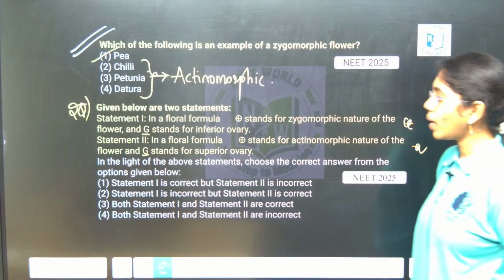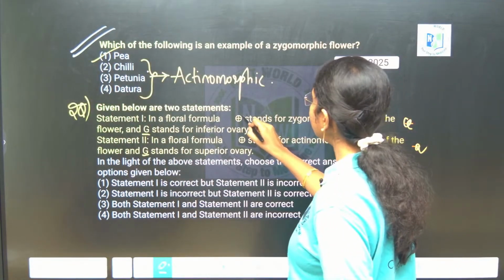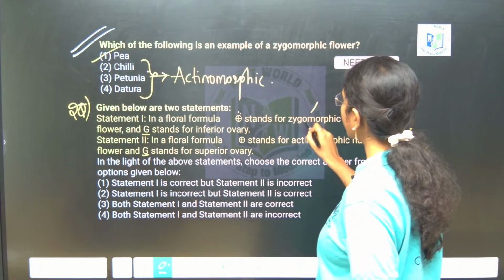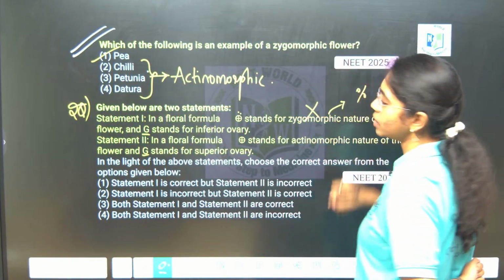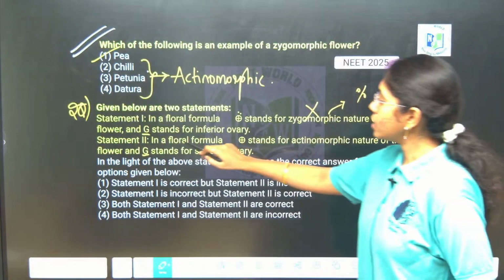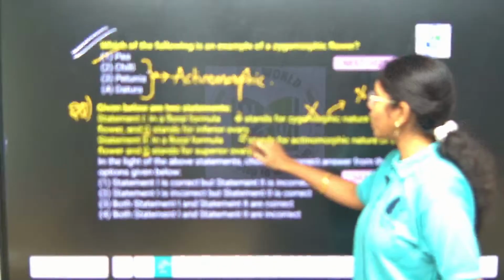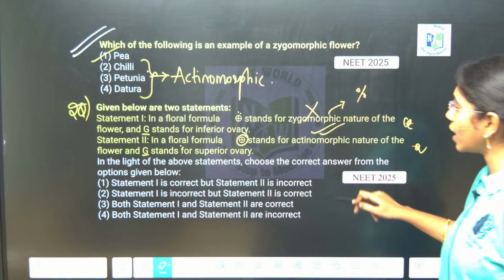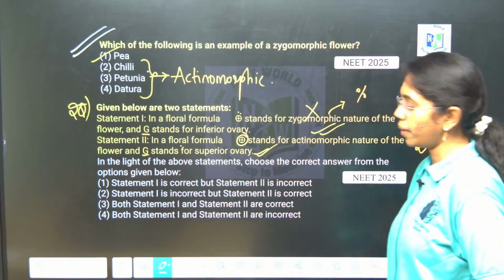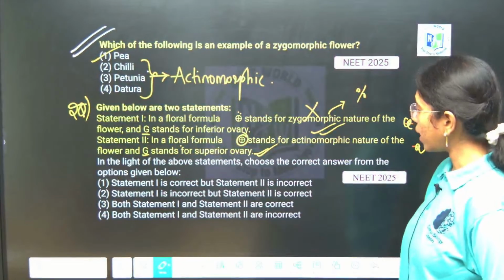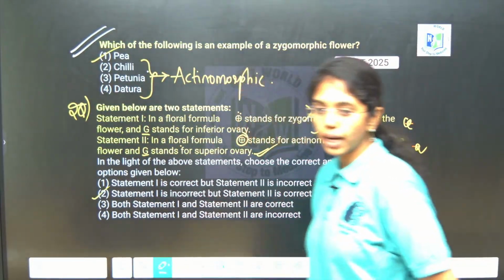In statement 1, in a floral formula, this stands for actinomorphic, not zygomorphic. For zygomorphic, the symbol is beta. And in statement 2, in a floral formula, this stands for actinomorphic nature of flower, and G stands for superior ovary. So statement 1 is incorrect and 2 is correct. Option 2 is the right answer.